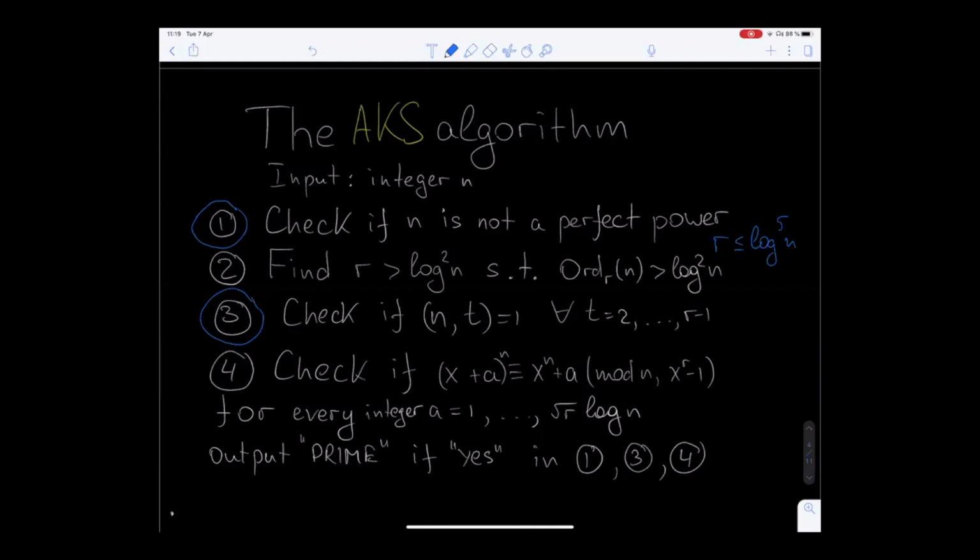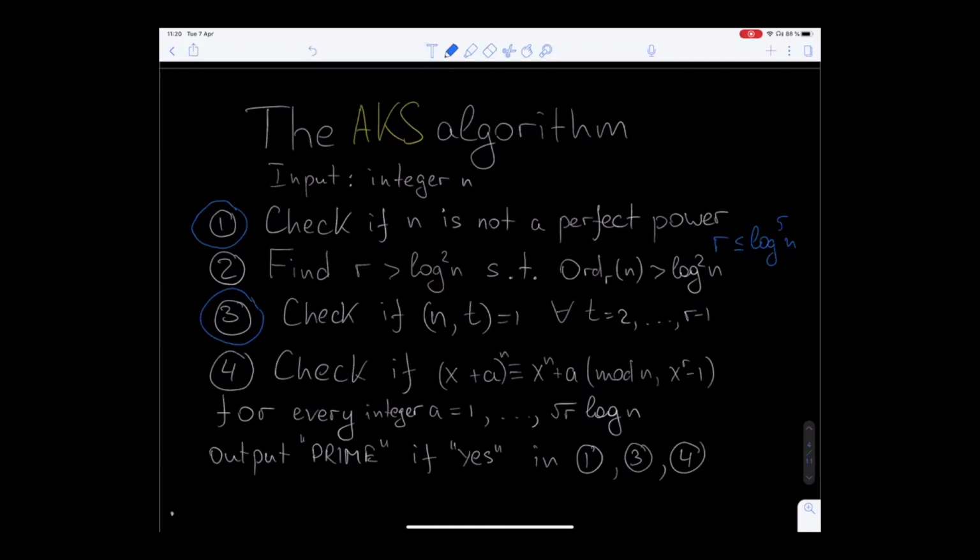So that n is not a perfect power, that it's relatively prime to some small numbers, and that the polynomial identity in step 4 holds for all values of a. So this is the algorithm. We'll see it on the next slides, but in small.